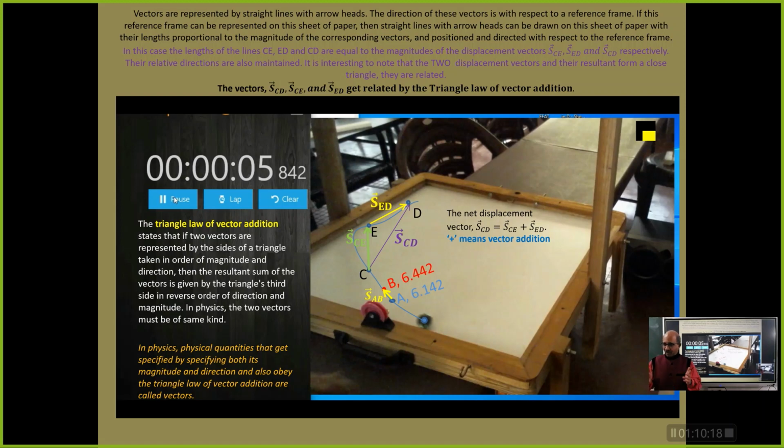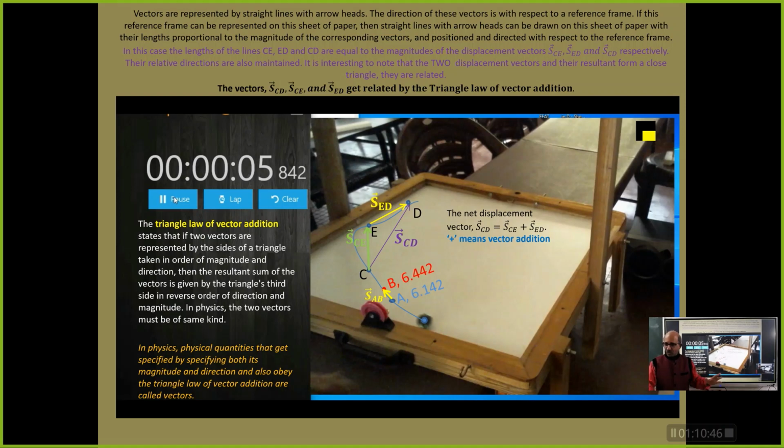How much is that? Now, if I have drawn a 5 centimeter line, CE, and 5 centimeters is representing 10 units, and ED is another 5 centimeters representing 10 units, and this line CD, if it is 18 units, assume, then its magnitude is 18 units.